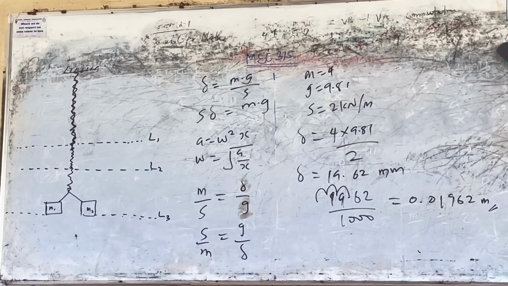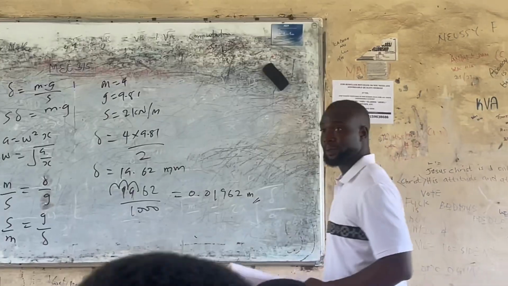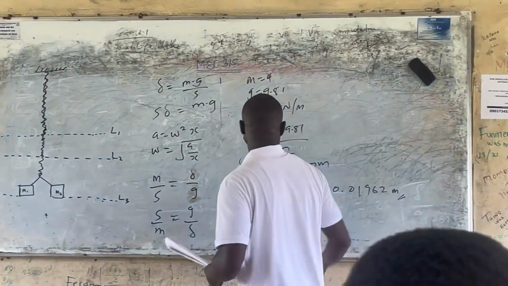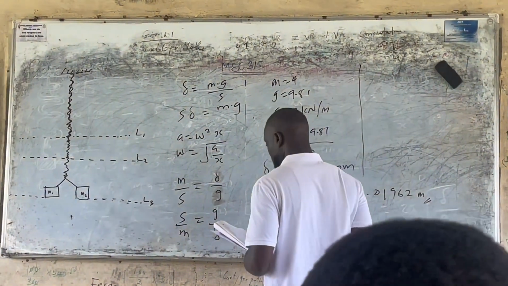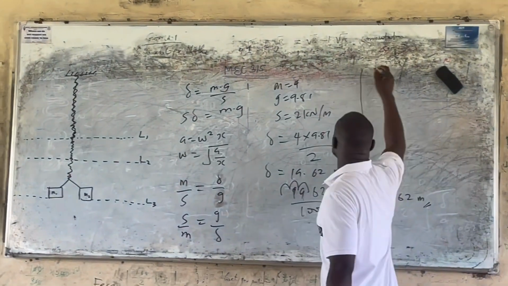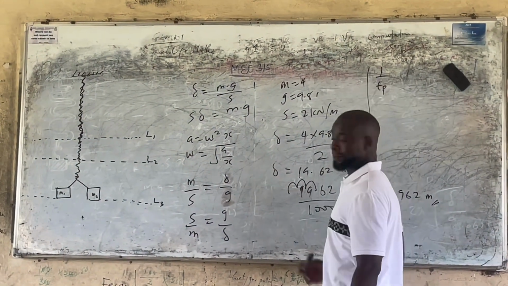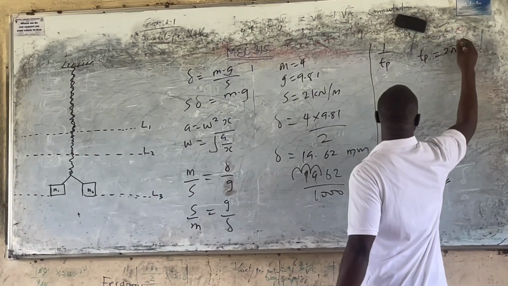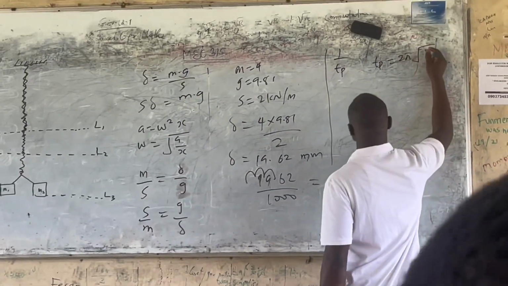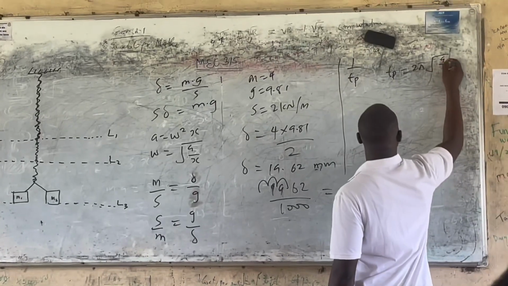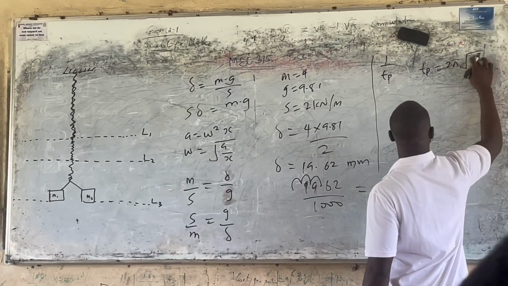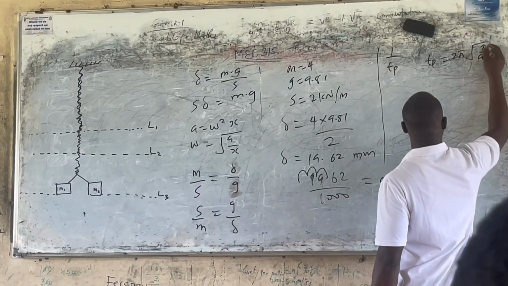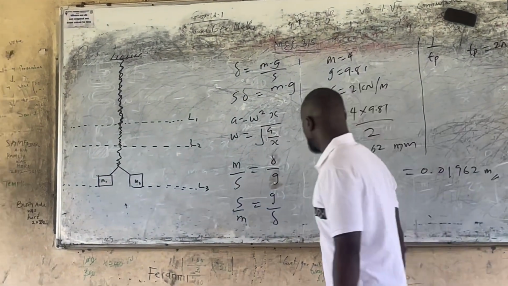Because in the solution I did here, I explained the frequency of the vibration. We know that frequency is 1 over TP. And we know that TP is what? 2 pi A over X, over A. And X over A is the same as what?